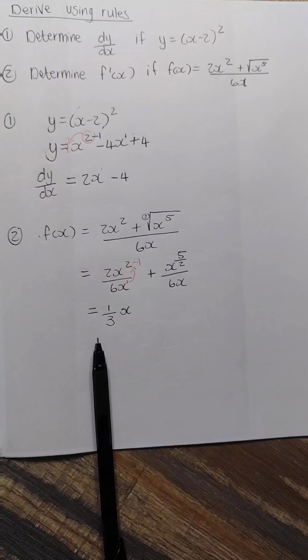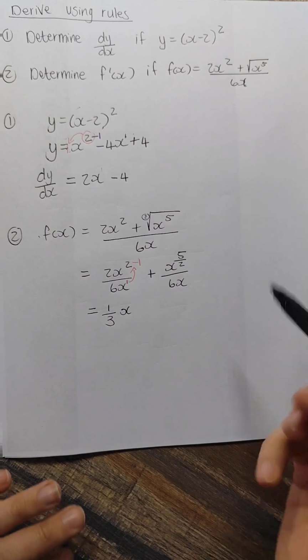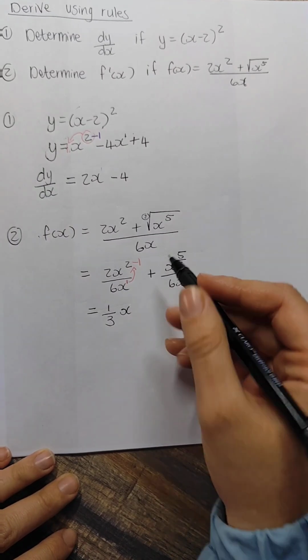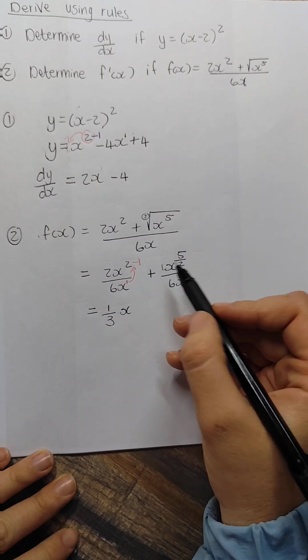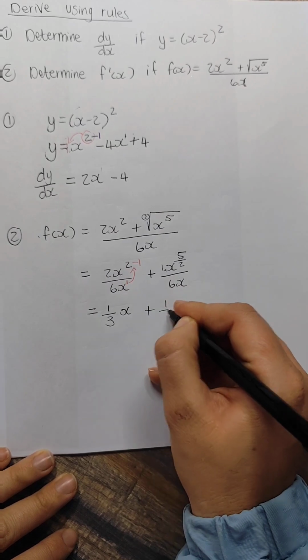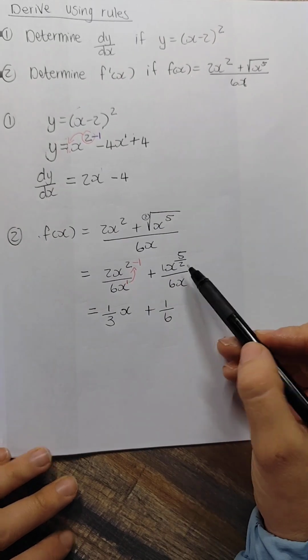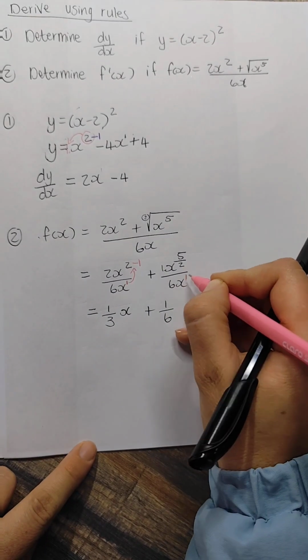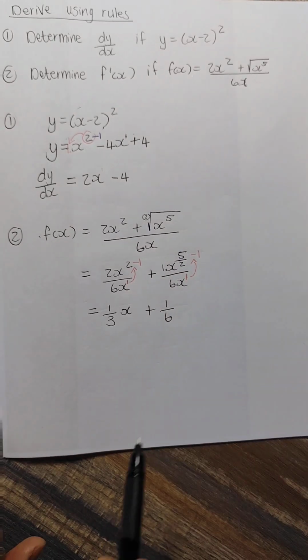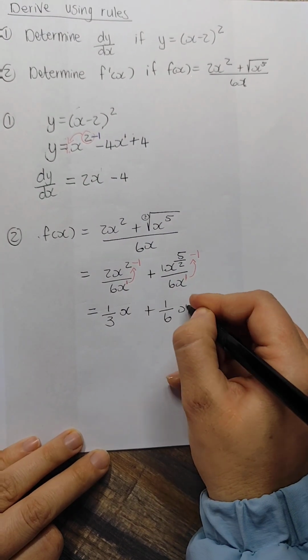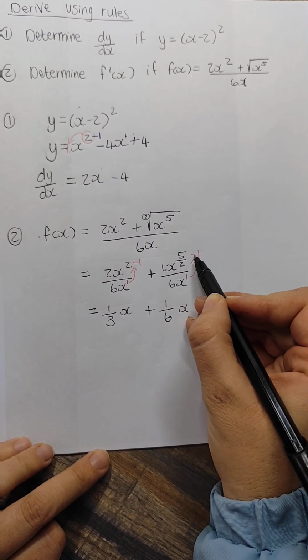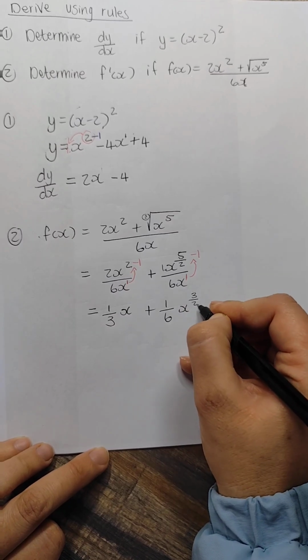So now we can continue to our next fraction where there's an invisible 1 here again. So 1 over 6, so plus 1 over 6. Now, once again, the exponent is 1, take it to the top, minus 1. And we can say this is x to the power of 5 over 2, minus 1 gives us 3 over 2.